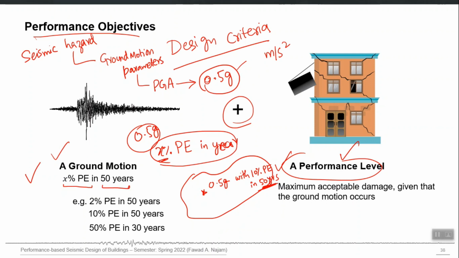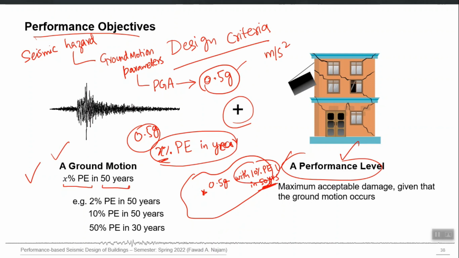So, 50 years is generally considered a standard exposure period, and whenever we report a probability of exceedance, we report it for the next 50 years. So, I can say 2% probability of exceedance in 50 years, 1% probability of exceedance in 50 years, 10% for example.